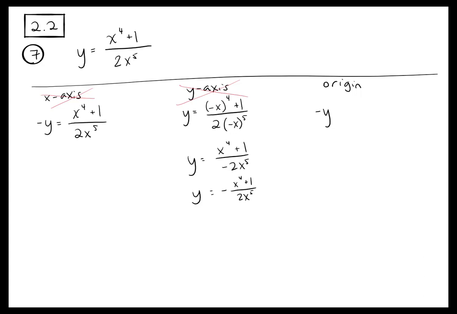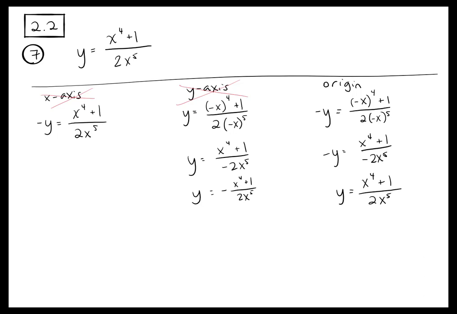And so to find symmetry about the origin, we are going to plug in both negative x and negative y. You get negative y is equal to x to the 4th plus 1 over negative 2x to the 5th. If I multiply both sides of this equation by negative 1, the negatives on both sides of the equation cancel out.